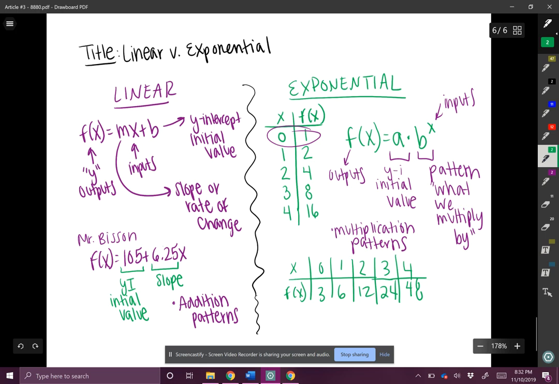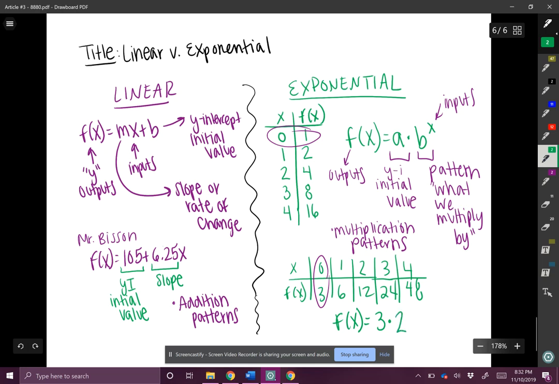So our equation in exponential form would start with f of x, and how I get that 3 is I take my first term, my initial value, my y-intercept, which we know in this case is 3. So we would put 3, what we start with, times my pattern. I notice my pattern is multiplying by 2.